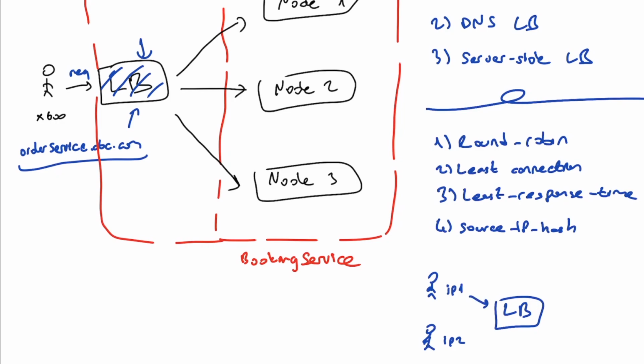When it gets a request from IP1, it will hash this IP and say, okay, for IP1, I'll send it to node 2, and it sends it to node 2 here. And when it gets a request from IP2, maybe it will send it to node 1. Now that it has this mapping, whenever it gets a request from IP1, it will just send it to node 2 based on the IP it hashed initially.